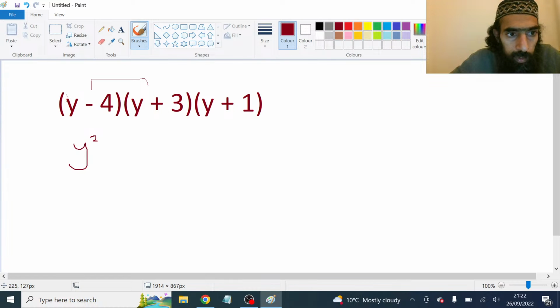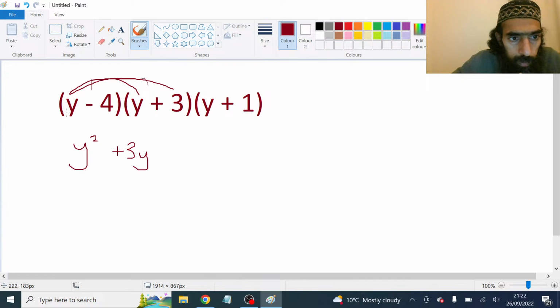Sorry, let me just keep the focus. So the focus is on the y. So y times y is y squared. Y times the plus 3 is plus 3y. Tick that one off. Now focus is on the minus 4. So minus 4 times the y is minus 4y. Minus 4 times the 3 is plus 12.